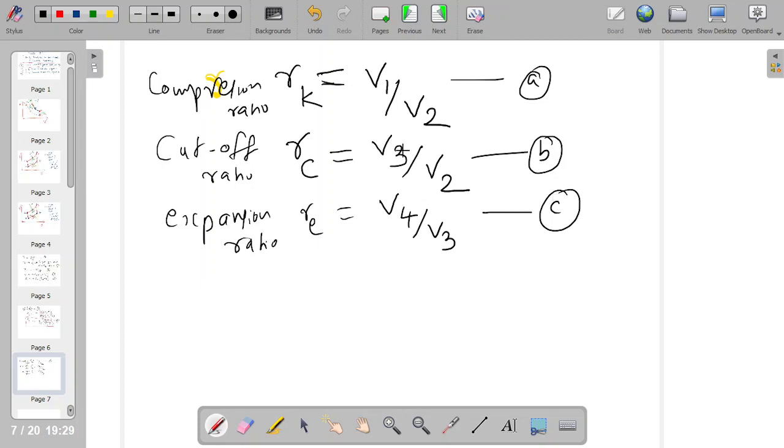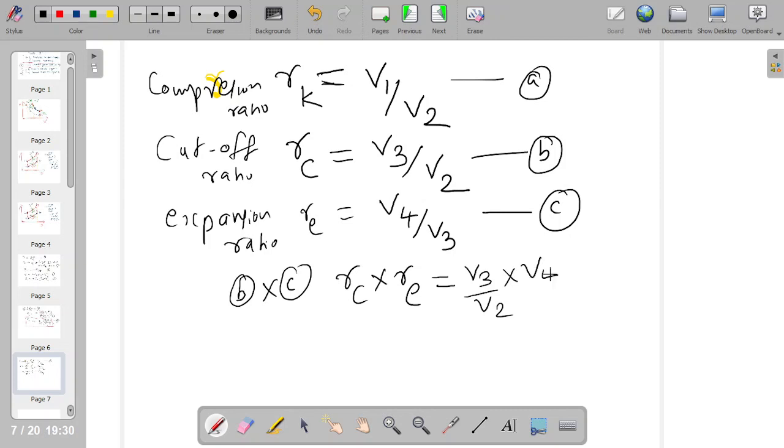If there is a relation between one ratio and the other two, you can reduce the number of equations. For that, multiply B and C. What will happen if you multiply B into C? That is Rc into Re equal to V3 by V2 into V4 by V3.